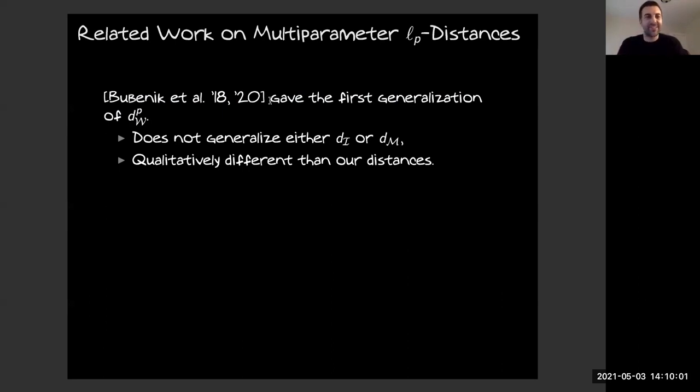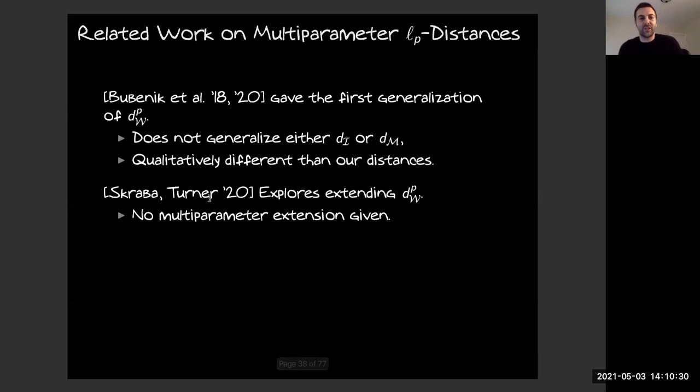They didn't just try, they did it. And they go further and generalize to diagrams of vector spaces indexed by arbitrary small categories, I think. This is interesting work, which I recommend for you to check out, but it's got some key differences to our work. It doesn't generalize either the interleaving distance or the matching distance. And in various ways, it's qualitatively different than our distances. Just in the interest of time, that's all I'll say about this.